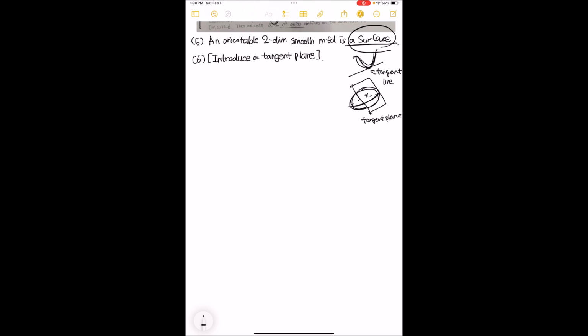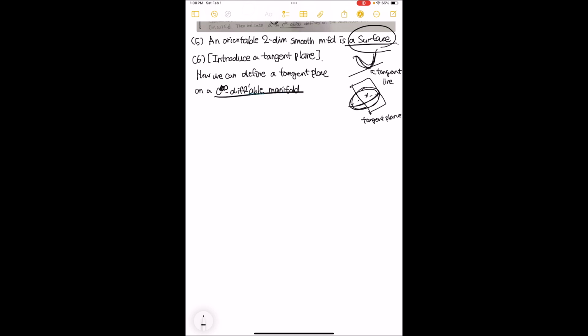Then the question is, how can we define a tangent plane on an infinite, in the case we assume, infinite manifold?